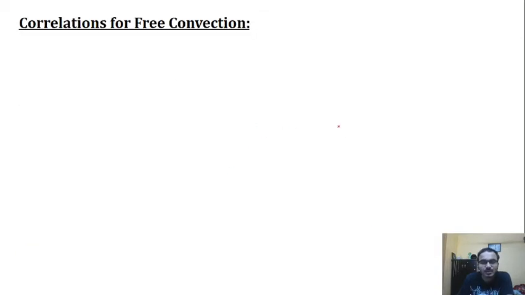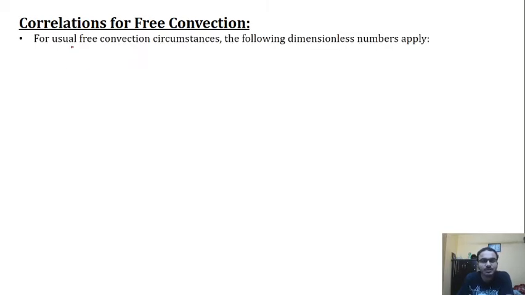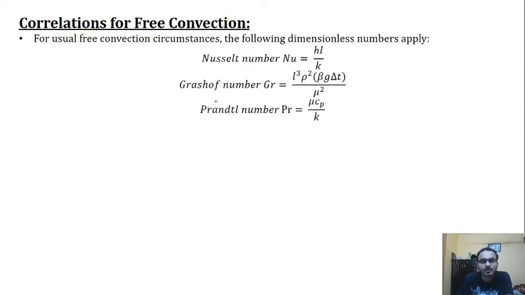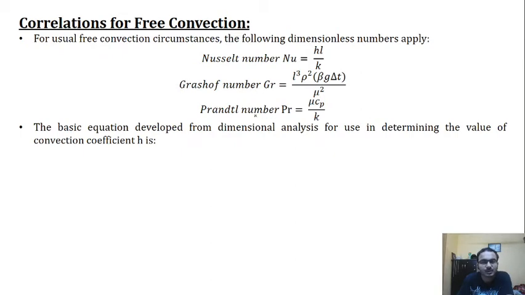Now let's move forward with our new topic, the correlations for free convection. Here the important dimensionless numbers will be the Nusselt number, Grashof number and Prandtl number. We have already seen all these three equations. Based on the equation developed from dimensional analysis for the convection coefficient h, Nu is a function of Gr and Pr.